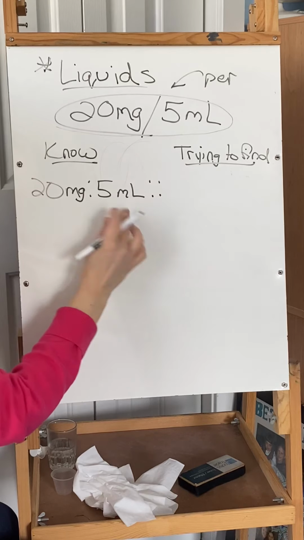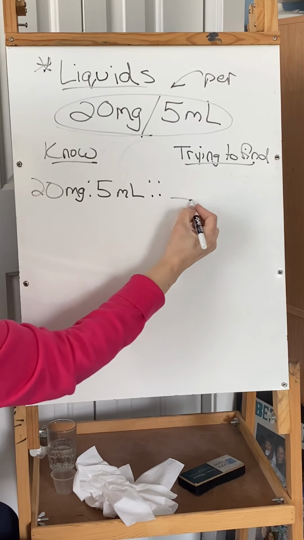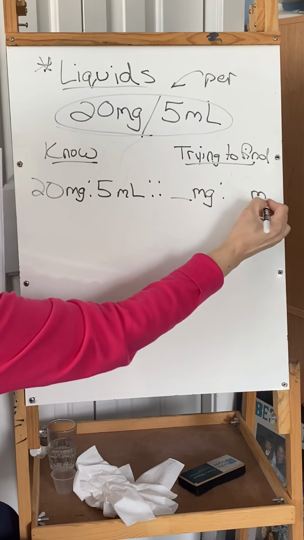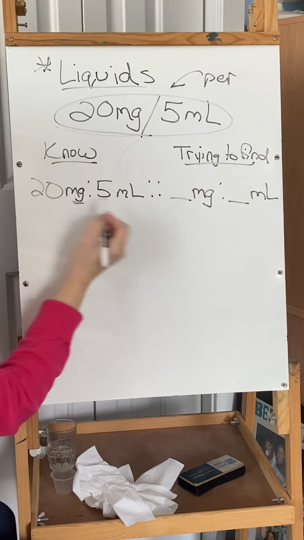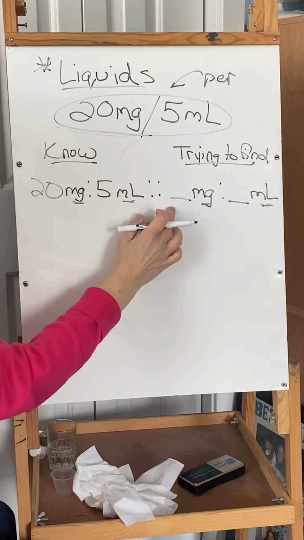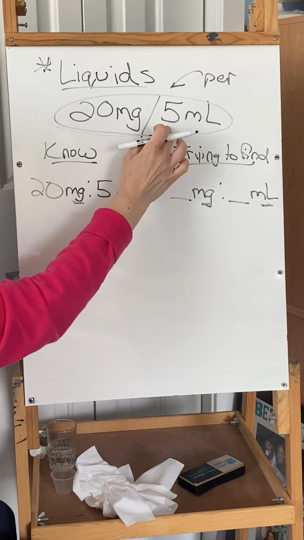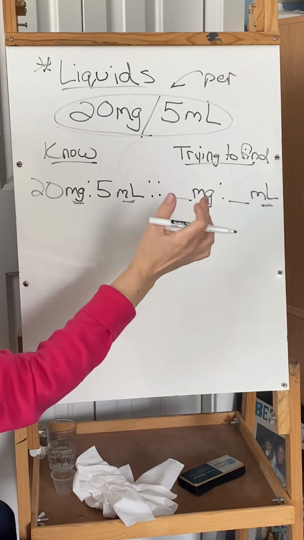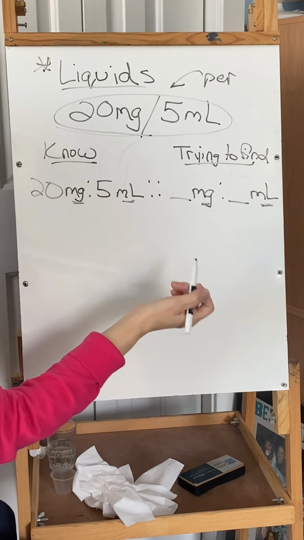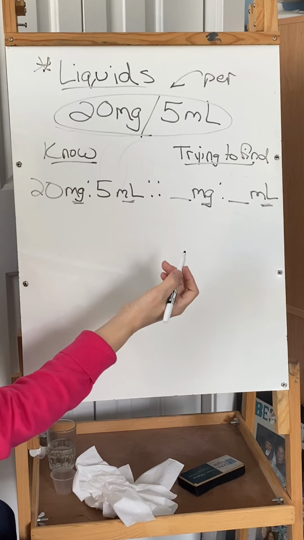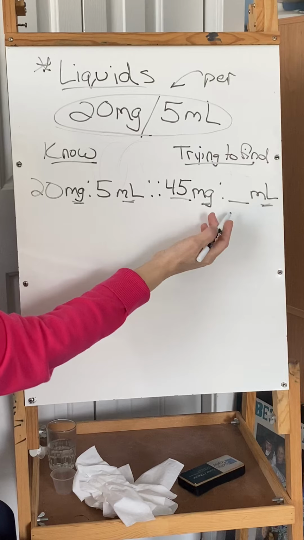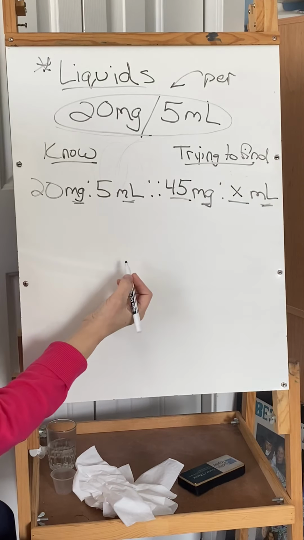Milligrams was first, ml is second, so ml is second. What you know in your diagram here was that 45 milligrams is what the physician ordered. So you know the milligrams. Put in 45. You don't know the ml. That becomes your X.